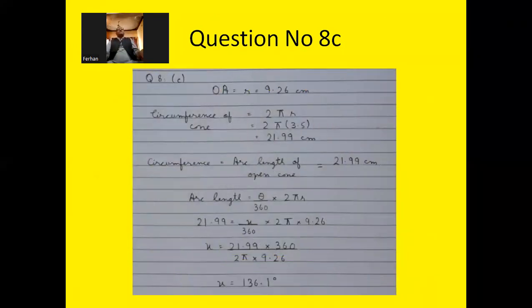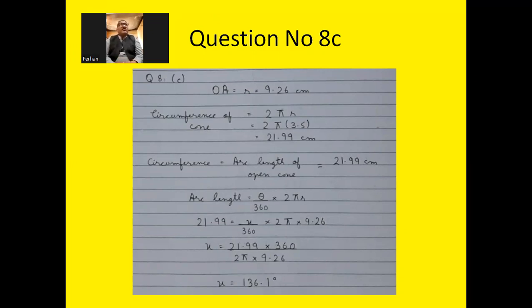Let me show you. So the circumference of the top of the cone will be 2 pi r. That will be 2 multiplied by pi multiplied by 3.5, and that will be 21.99 centimeter. The circumference will become the arc length of that sector. So the arc length of the sector will be 21.99. The slant height will become the radius of that sector. So the arc length is equal to theta by 360 multiplied by 2 pi r.